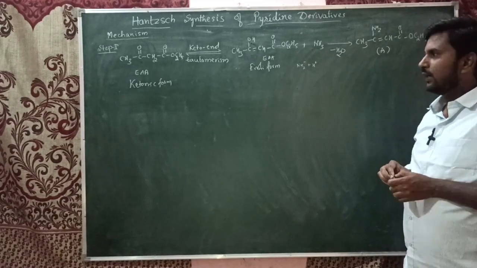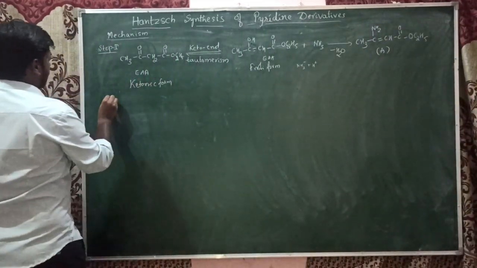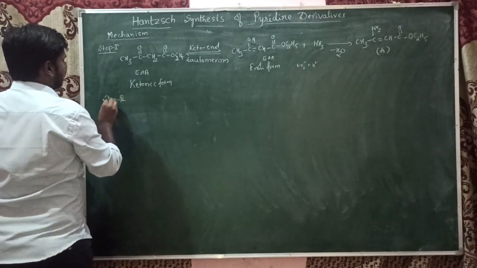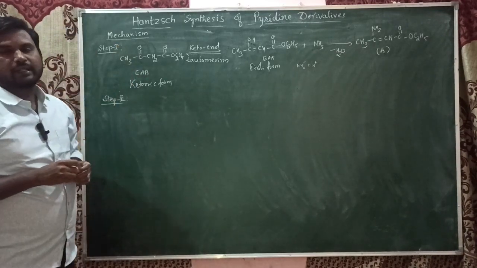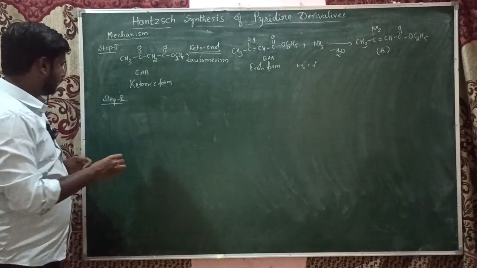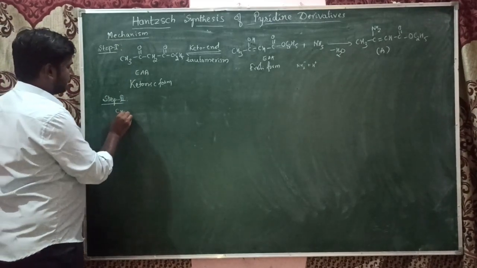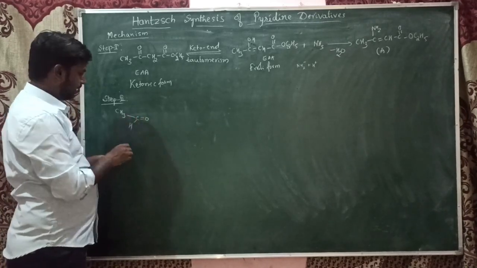Okay, and in the second step, this EAA molecule will be condensed with an aldehyde. We have taken an example of acetaldehyde, CH3COH.